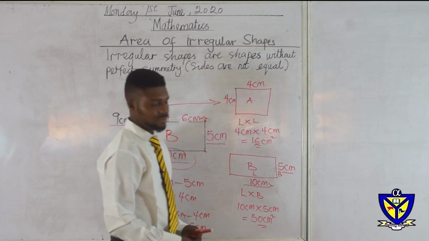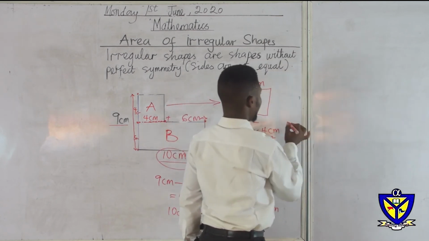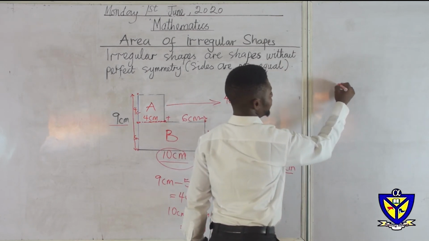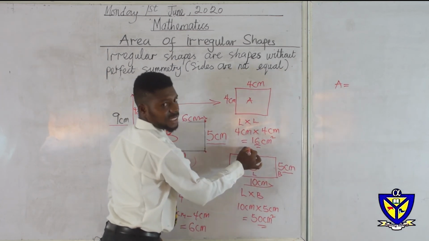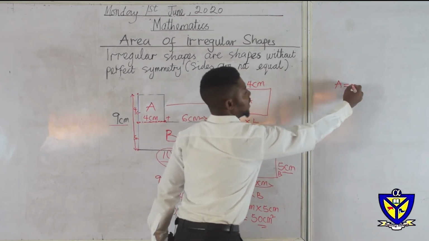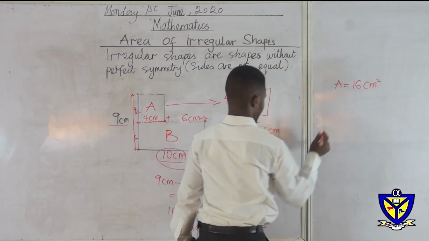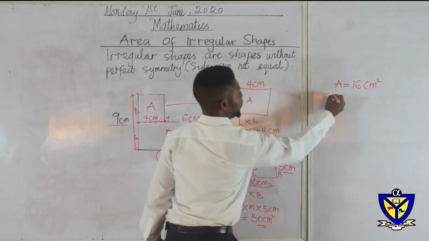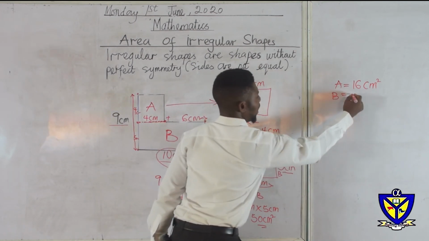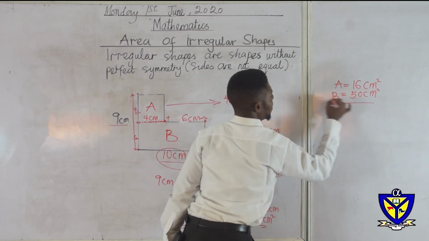Now, since the shape A gives us 16 centimeters square, you write shape A, 16 centimeters square, and the shape B gave us 50 centimeters square.